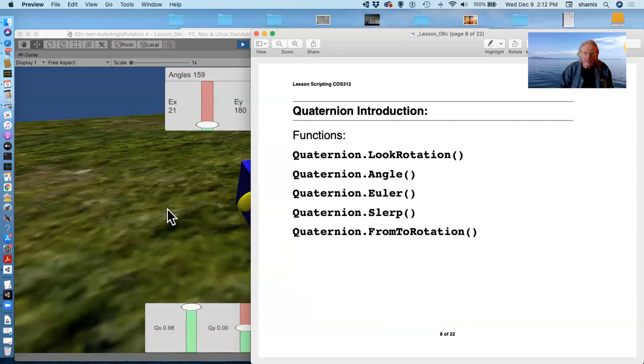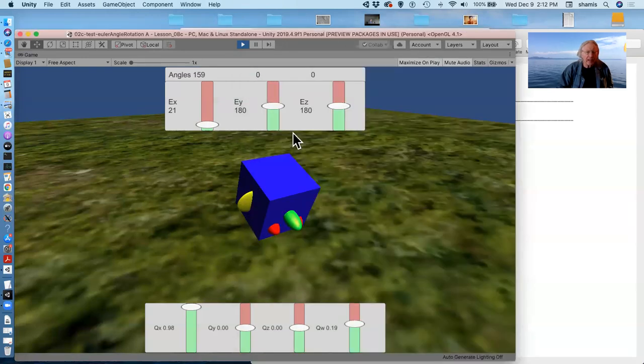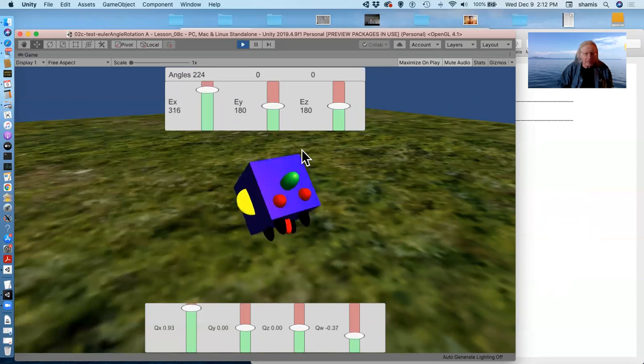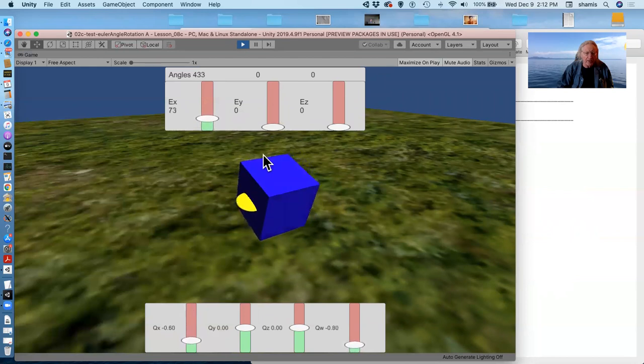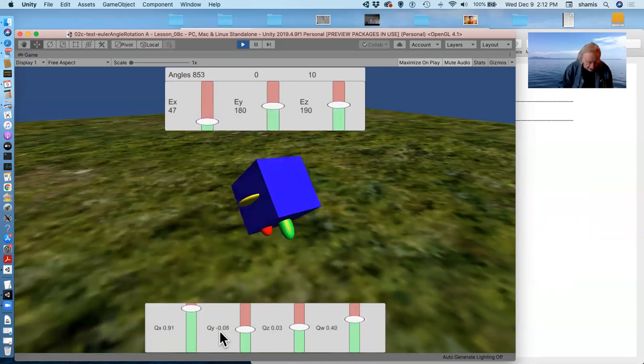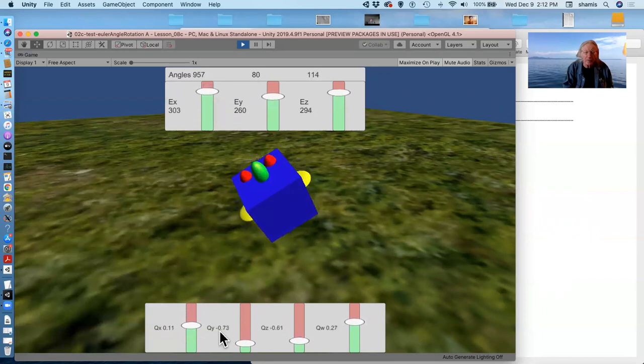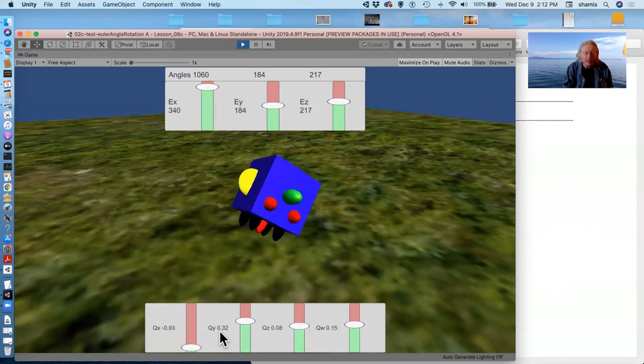Before I go on to the other methods, let me again show you what's happening here. So as I rotate this little thing and the Euler angles jump around, the thing to notice is down here that these things are moving continuously, changing continuously. And I'll press the Z and the Y as well, which is now tumbling it around its different axes.